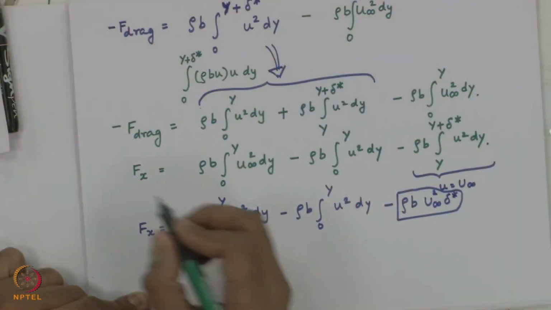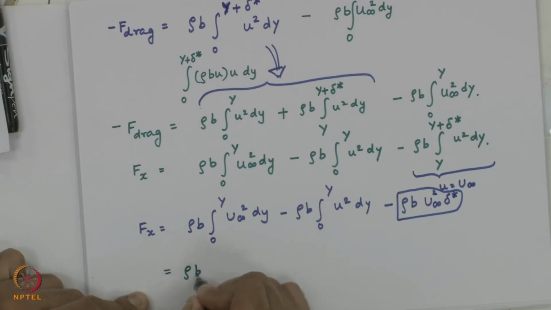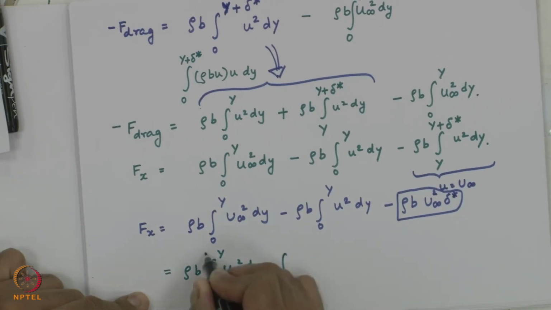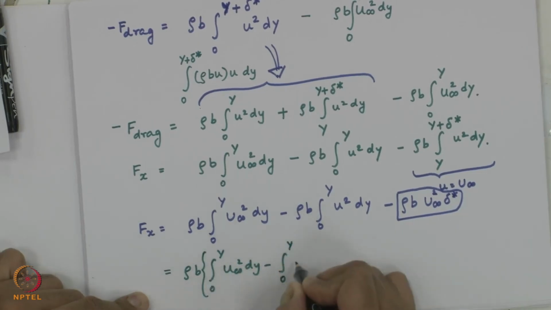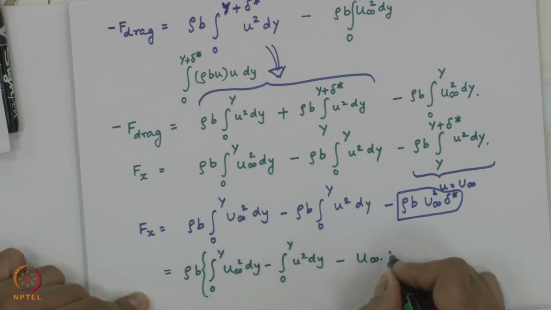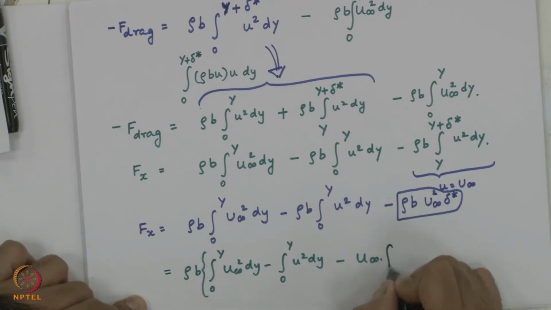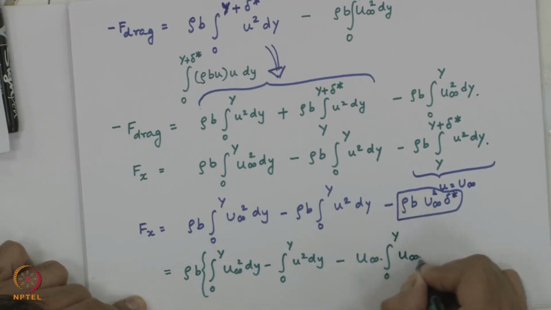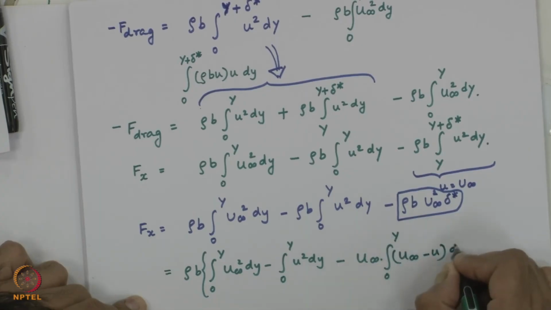What are we doing now? Just a little bit of maths. So, I now substitute for the displacement thickness inside here. I write this as rho b integral 0 to capital Y u infinity squared dy minus integral 0 to capital Y u squared dy minus u infinity, as it is, times integral 0 to capital Y of u infinity minus u dy.